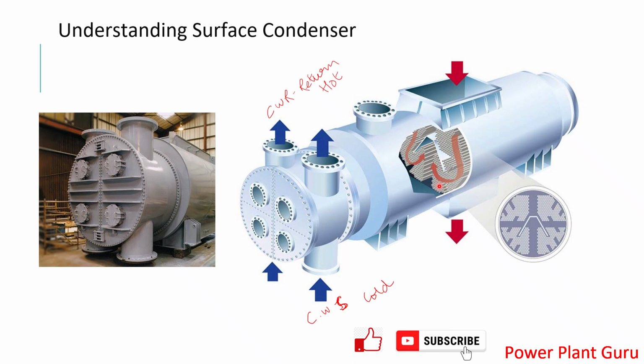These tubes exchange heat with the steam, and the steam changes its phase from gas to liquid and discharges its latent heat. It is latent heat in this case because the temperature is the same and the phase is changing. And then there will be a half partition to it. Water will flow like this, then come to the top half, and then flow like this, and then come out from this side. So this is how the overall thing will work.